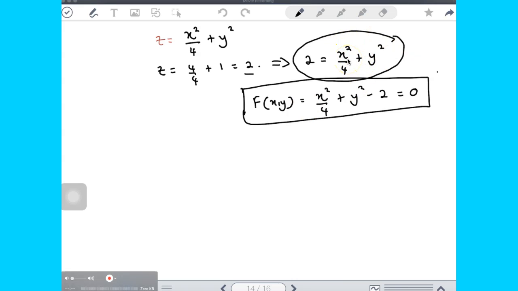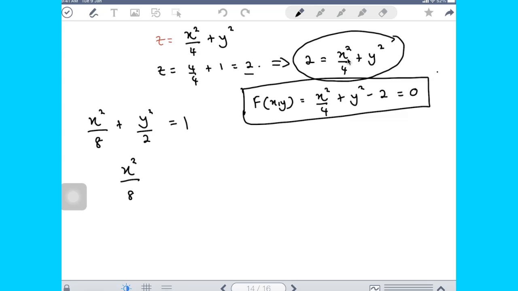So now we want to make it equal to 1. So x squared over 8 plus y squared over 2 equal to 1. So this is not a circle, this is an ellipse. So an ellipse where you have x squared over square root of 8 squared plus y squared over square root of 2 squared equal to 1.